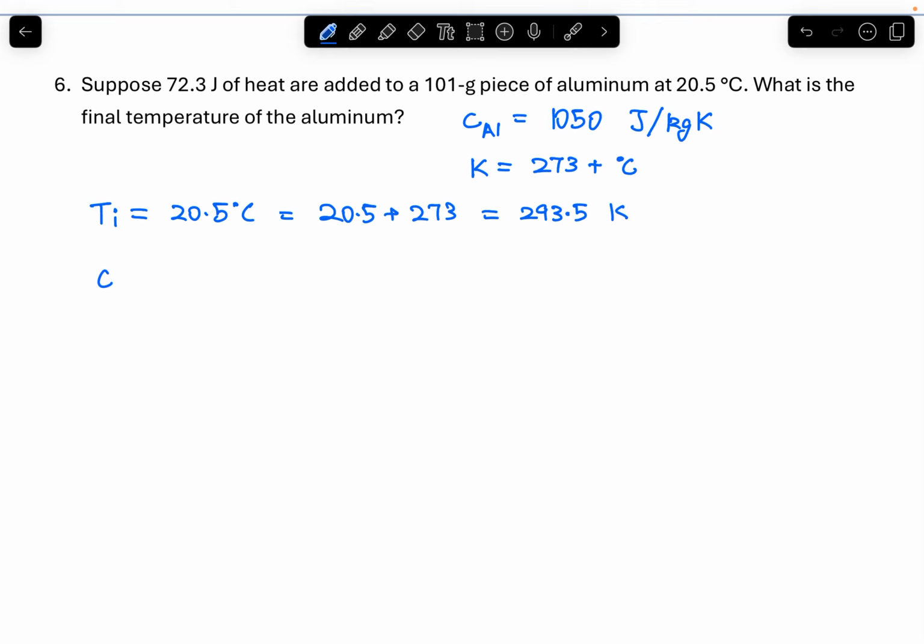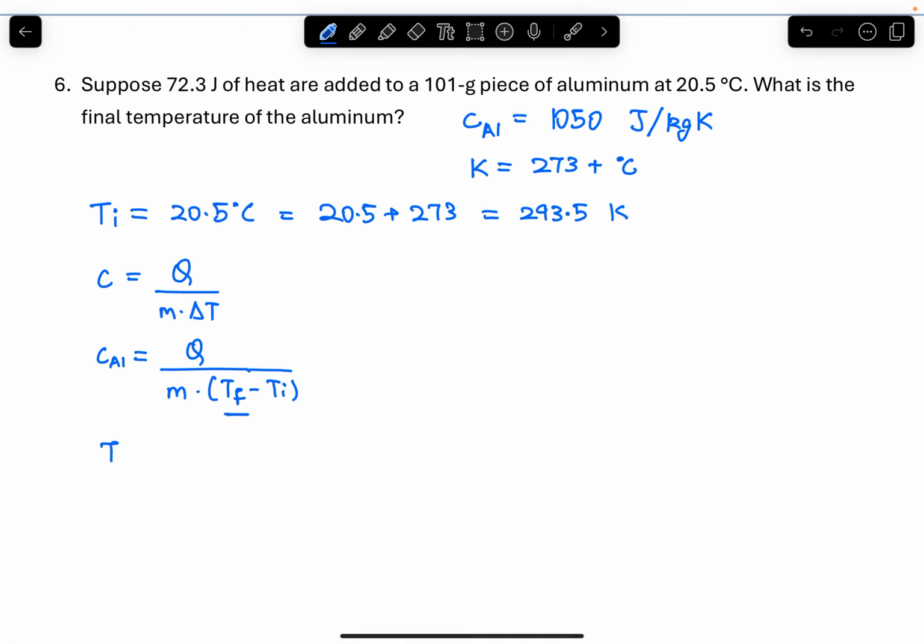All right, so the formula for specific heat is the amount of heat energy added divided by the mass times the change in temperature. So for our case, C aluminium is Q, heat energy, divided by the mass times T final minus T initial. All we have to do is convert this equation to be in a form of T final. So the way I will do that is by multiplying C aluminium with T final, and I'll open this up as well.